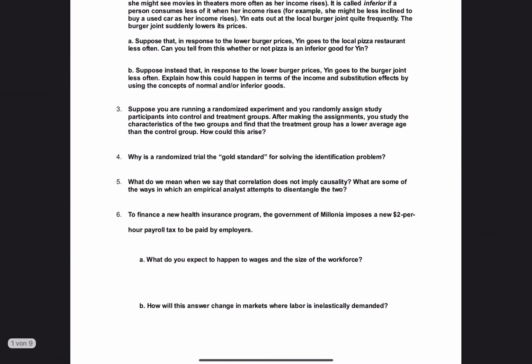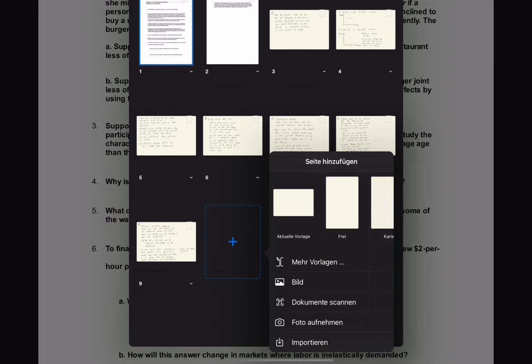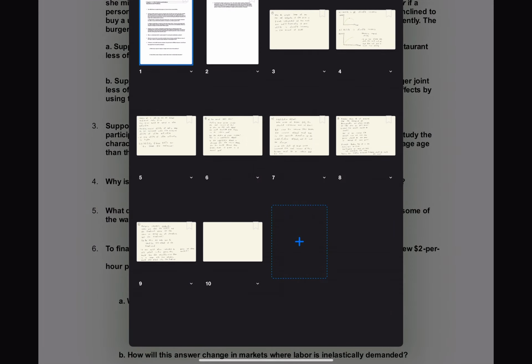Okay, so question number 5. What do we mean when we say that correlation does not imply causality? What are some of the ways in which an empirical analyst attempts to disentangle the two? Okay, so let us be very precise on what we mean when we talk about correlation and causality.